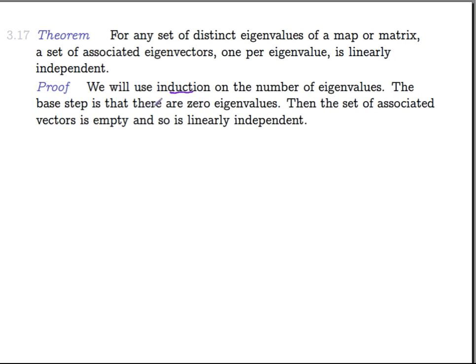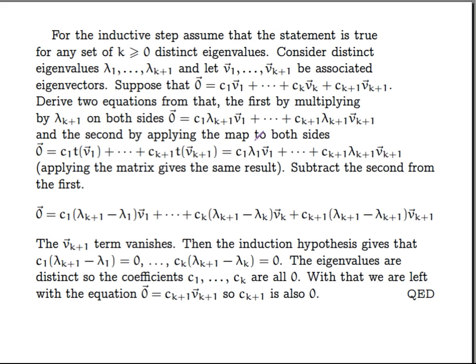All right, so we're starting out with k distinct eigenvalues, and we're assuming by the inductive hypothesis that the k eigenvectors corresponding to these k distinct eigenvalues are linearly independent. So we're assuming that v1 through vk are linearly independent. And we want to show that if we add one more vector with a different eigenvalue, then the set of vectors is still linearly independent.